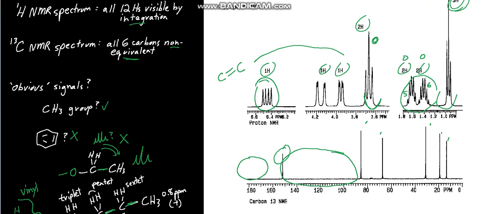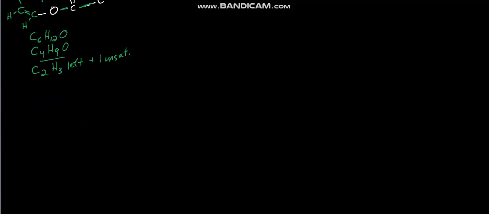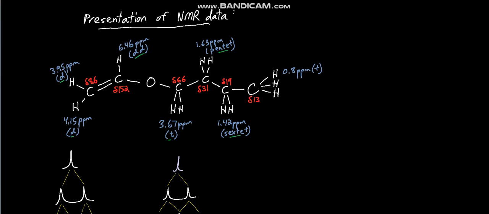We call this actually a doublet of doublets. And let's just for now call each of these a doublet. So remember what I said before, equivalence before splitting. One must recognize that these 2 hydrogens, call them A and B if you want, are not equivalent.